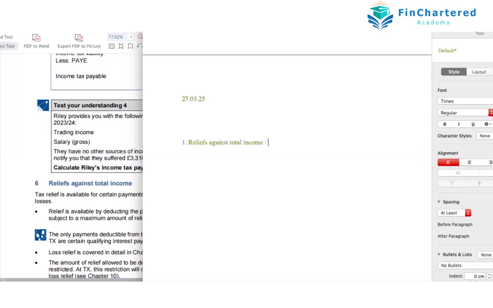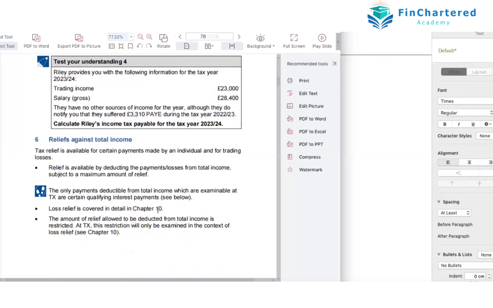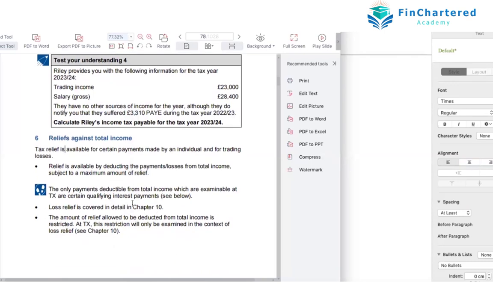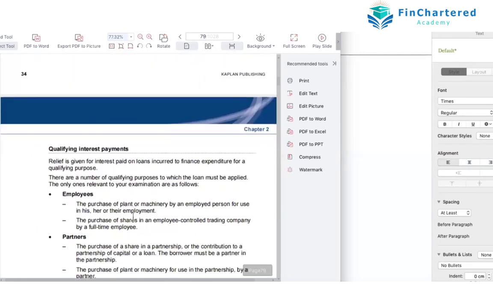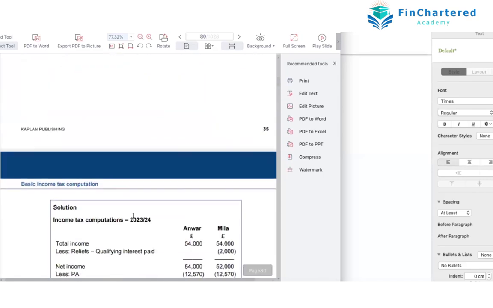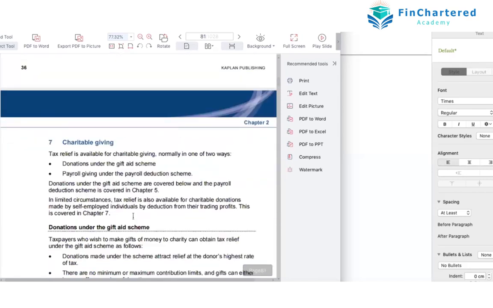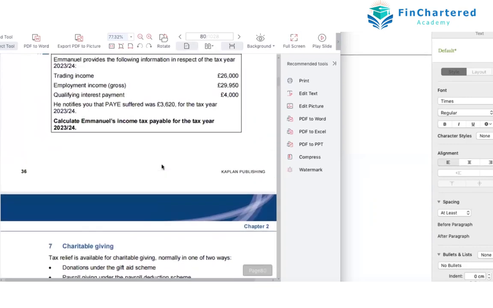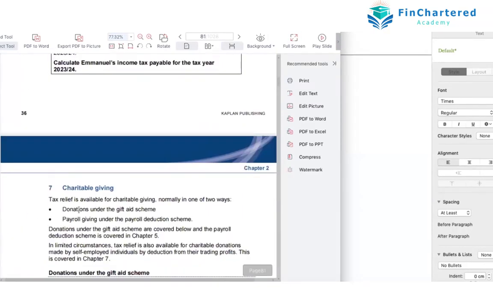So, what we need to know here is, whenever there are certain things like, for example, a donation made, which we will look at shortly, charitable giving, right? A relief is available for charitable giving.